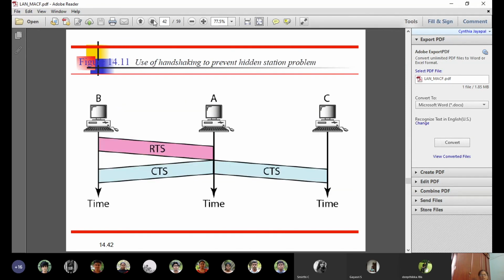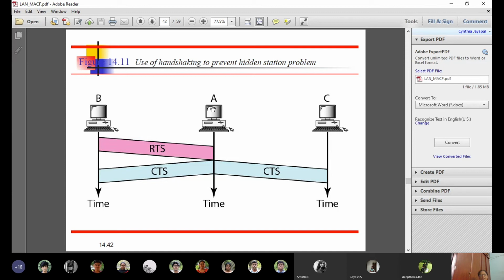So how to avoid this? With the help of certain control packets called RTS and CTS. RTS is request to send, CTS is clear to send, which is an acknowledgement. Whenever a station has anything to transmit, it has to send a request to send packet.